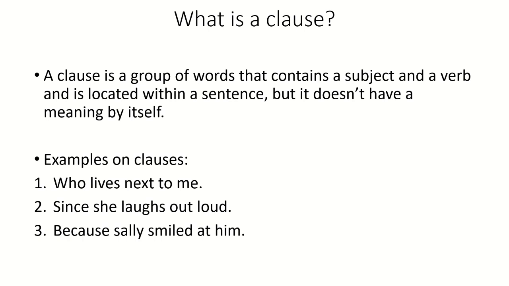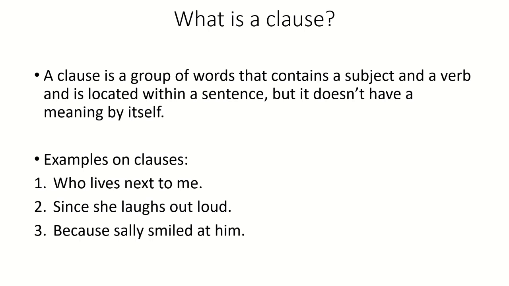These words should contain a subject and a verb and be located within a sentence. So a clause comes in a sentence, but if it's not a main clause, if it's not a full sentence, it doesn't stand by itself or have a meaning by itself.